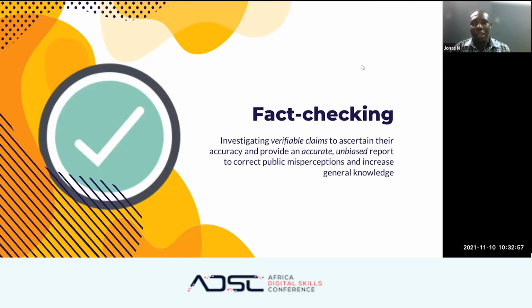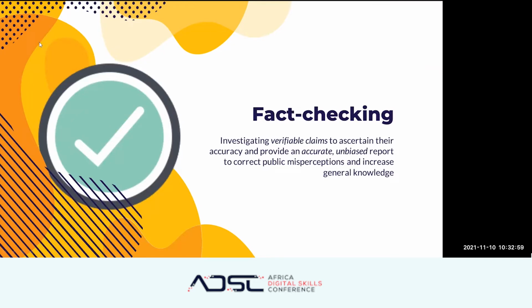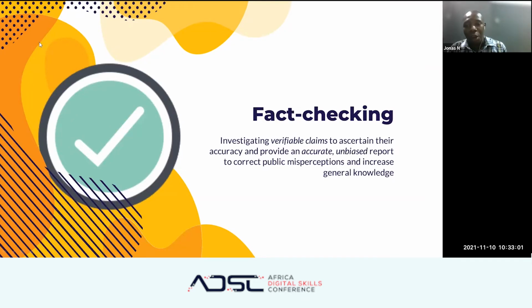So fact checking essentially is investigating verifiable claims to ascertain their accuracy, like Daniel said, and provide an accurate, unbiased report to correct public misconceptions and increase general knowledge. So there are key things that fact checking does. First, you are investigating verifiable claims to ascertain their accuracy and provide an unbiased report.